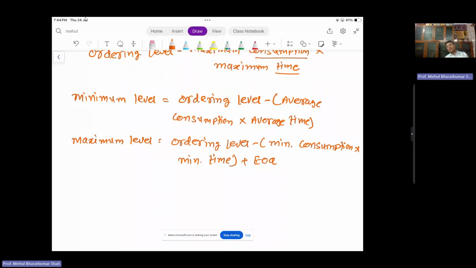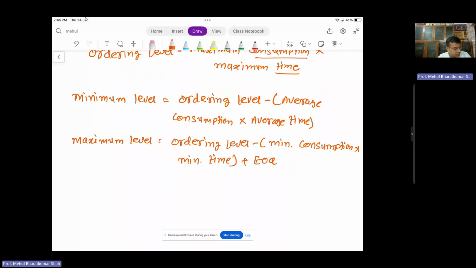So in both minimum and maximum level, we are in need of ordering level. Before calculating minimum and maximum level, you need to have the value of ordering level.